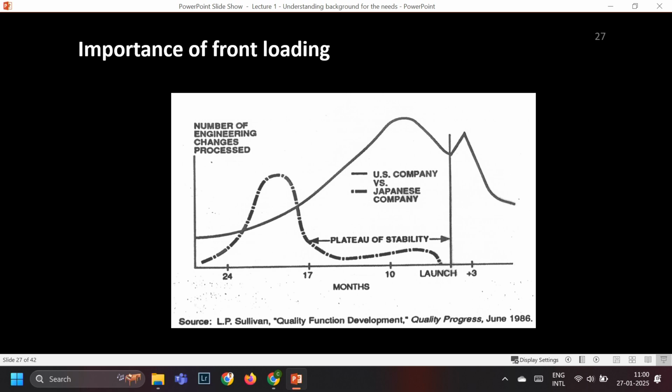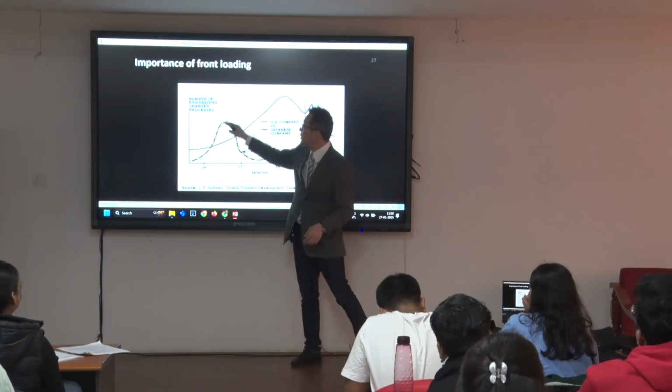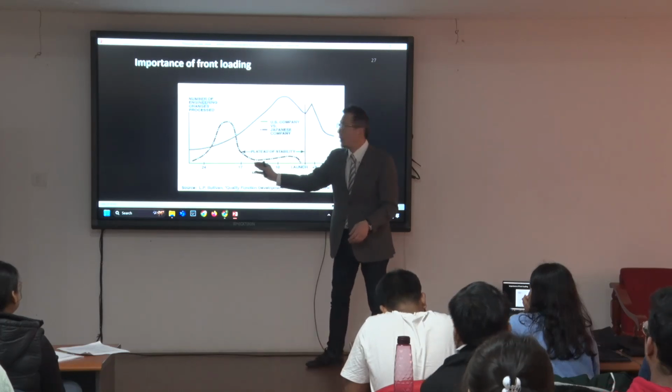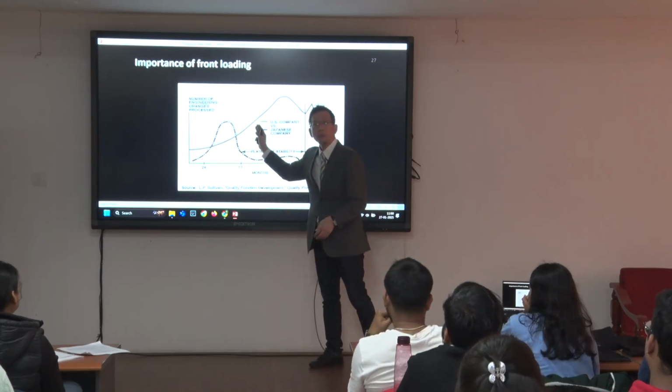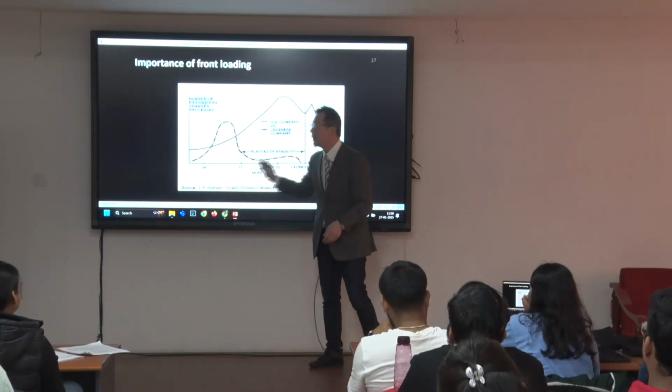And then they looked into why the huge difference happened. And one of the things they identified is the difference of the efforts put into different phases of design. So in the case of Japanese companies, they make more design changes, engineering changes in an earlier phase so that the problems are fixed as early as reasonable.